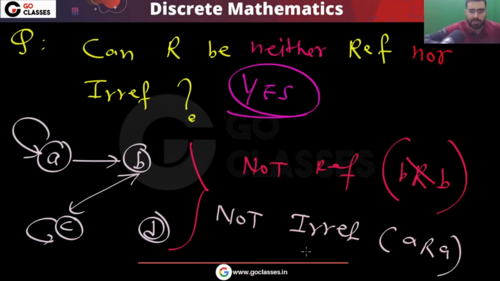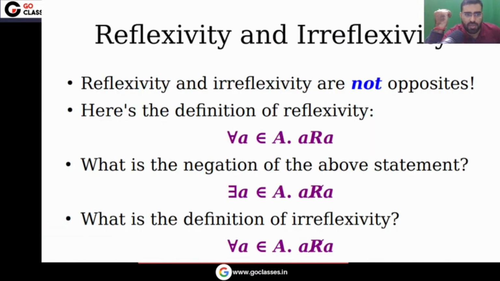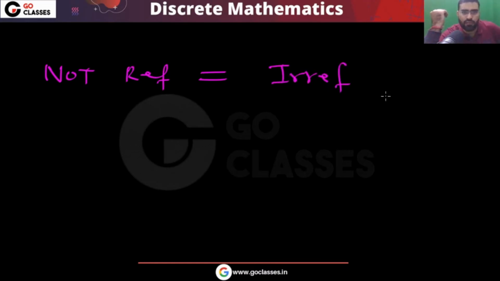So remember, very simple: irreflexive means no one is related to itself, reflexive means everyone is related to itself. These are not completely opposite of each other. Can I say not reflexive means irreflexive? This is false. It is possible that not reflexive may be not irreflexive also.